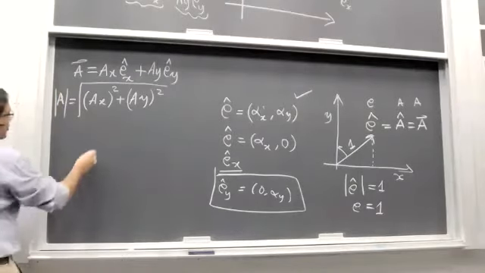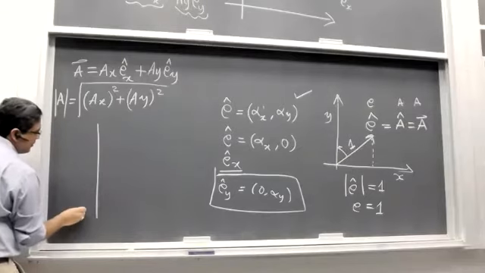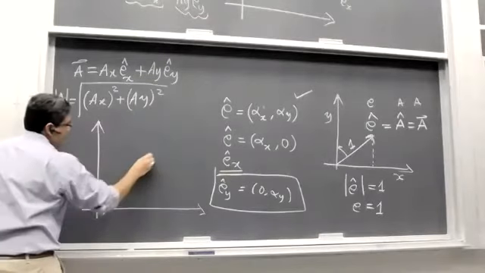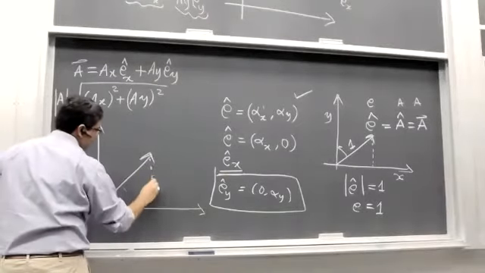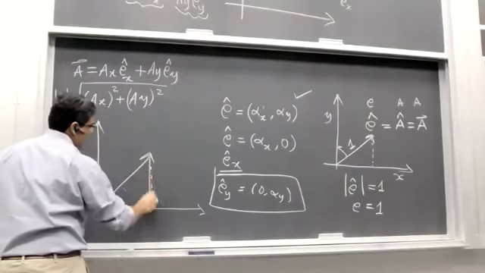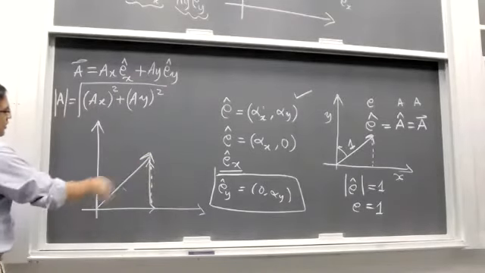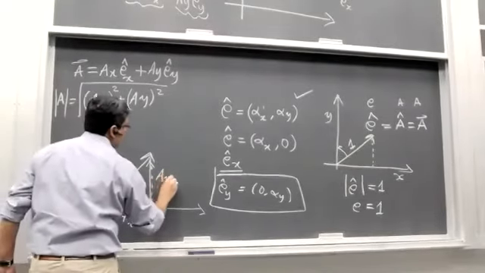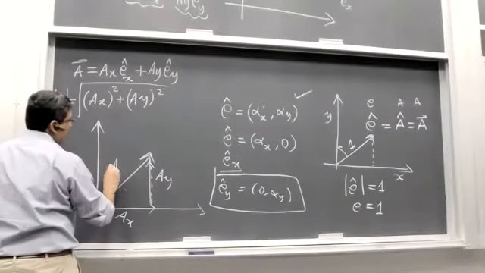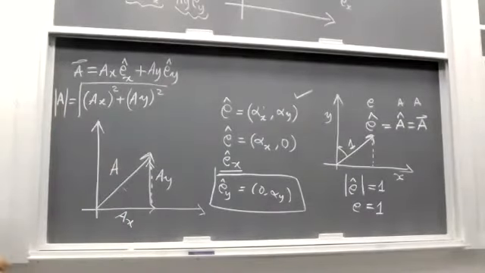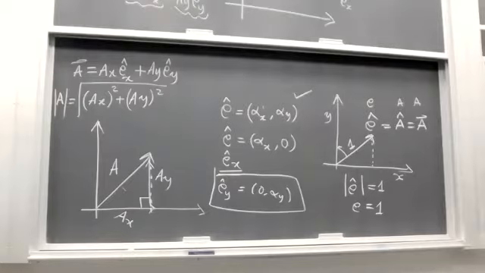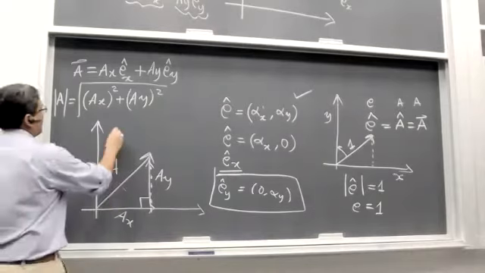And you can see that geometrically as well. Forget about that you have vectors here. If this length is ax and this length is ay, what is the length a? पाइथागोरस के हिसाब से वो बेसिकली हाइपोटेन्यूज स्क्वायर इक्वल्स टू a square equals b square plus c square.